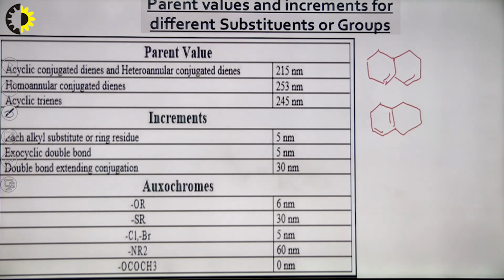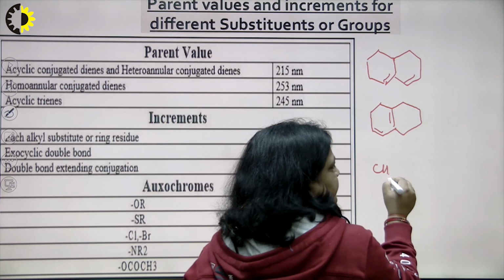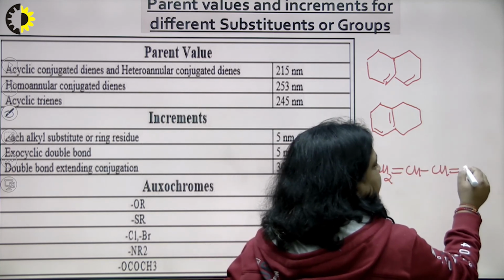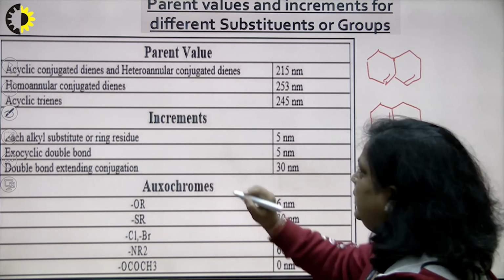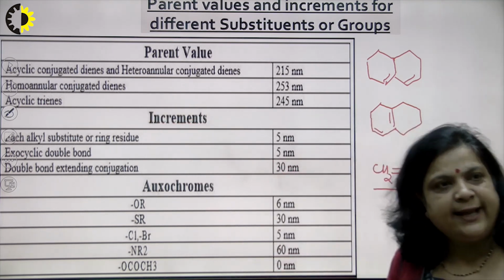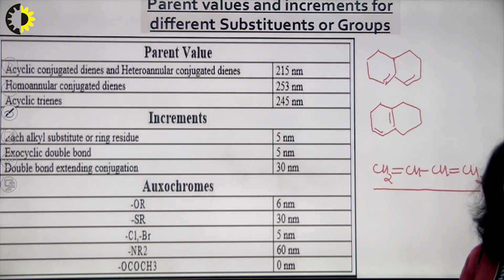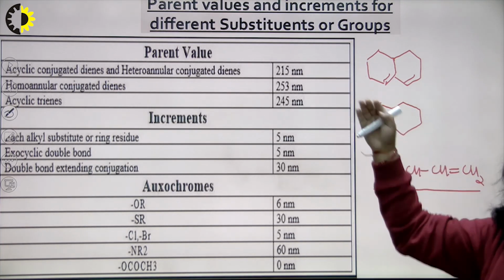Now, let the question be: find the lambda max value of this. This is simple butadiene. It means a conjugated diene, an acyclic conjugated diene. So its lambda max value is given, which is approximately 215 to 217, and we prefer 217.